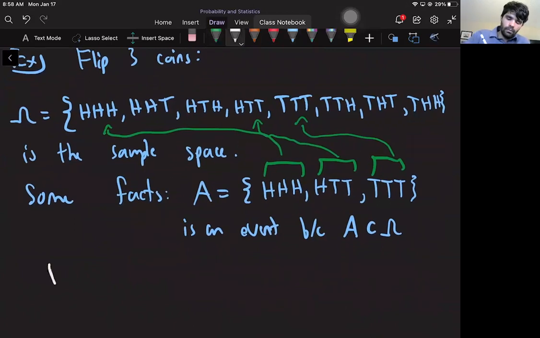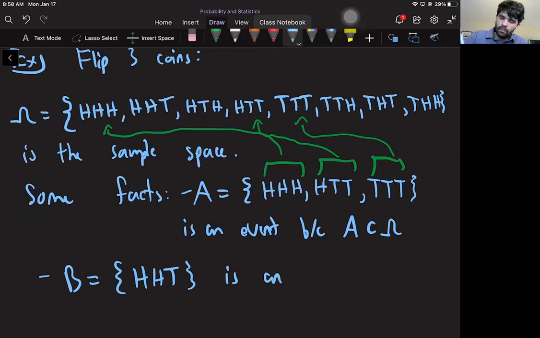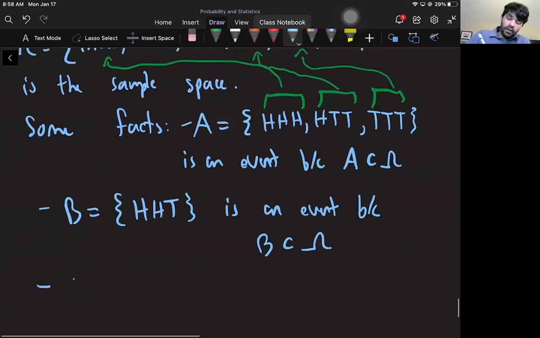So that's one fact. Here's another fact. You can have a subset with just one thing in it. So this is another event. And again, B is a subset of omega. If I just write HHT with no curly braces around it, that's an outcome.